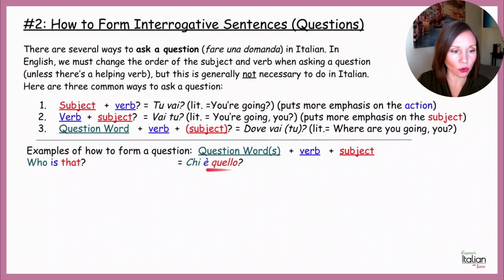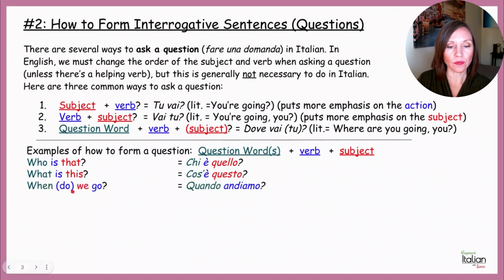So who is that? Chi, who, is that? Quello. What is this? Cos'è questo? Okay, so our question word is cos'è, and then we just put it together with a to combine it into one word. Okay, so we don't say cos'è è, we just say cos'è. Cos'è questo?